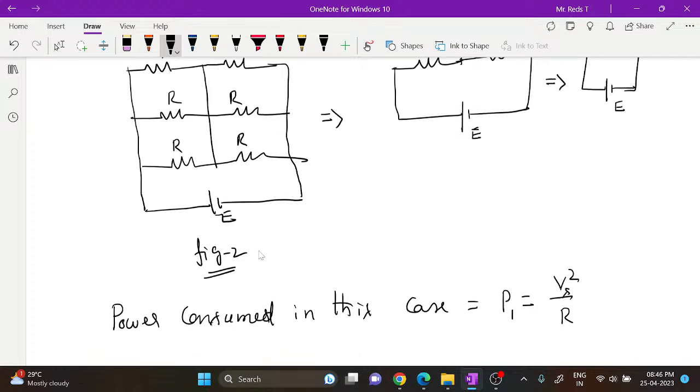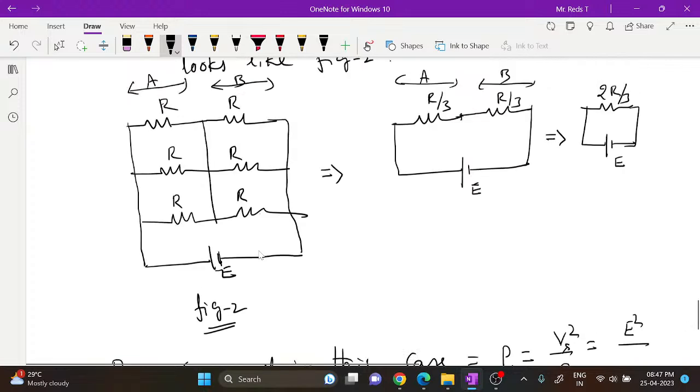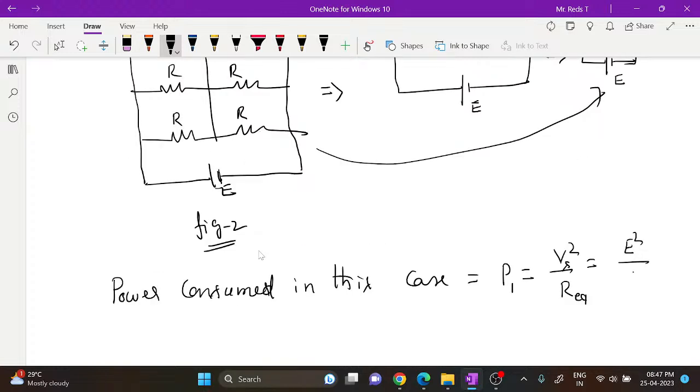Here, the supply voltage is the EMF of the DC source, so power is E square by R equivalent. R equivalent of the combination in figure 2 is 2R by 3. So the 3 goes up and it becomes 3E square by 2R. You can take it as equation 1.